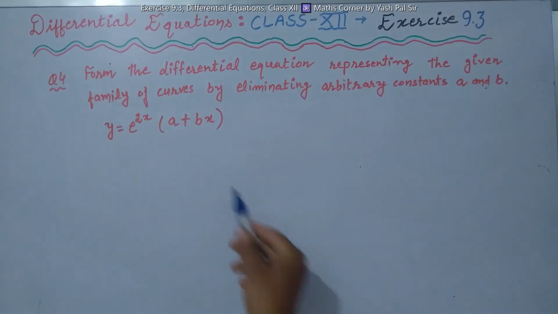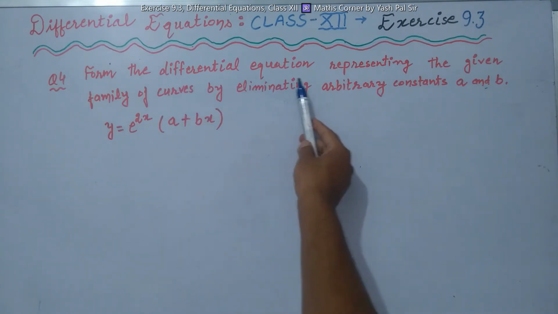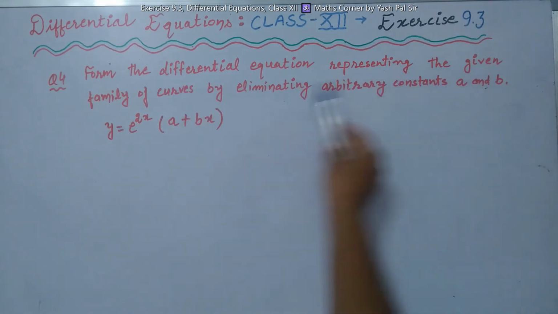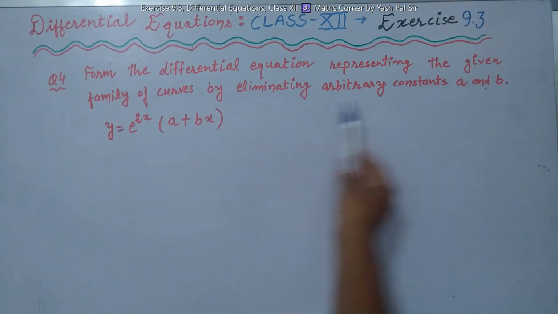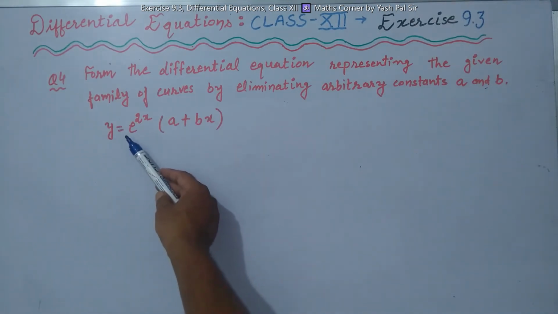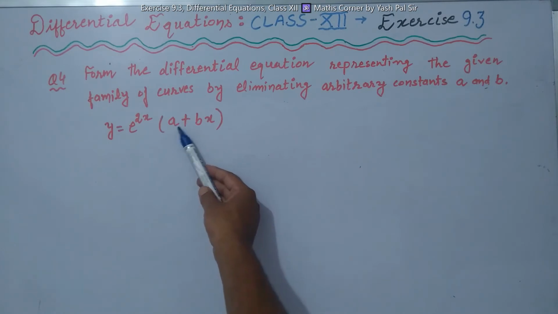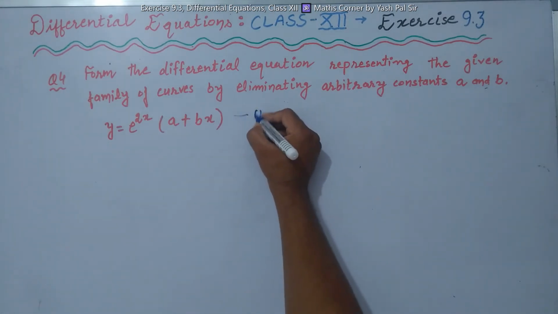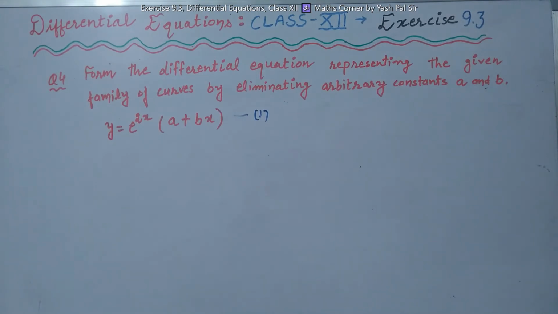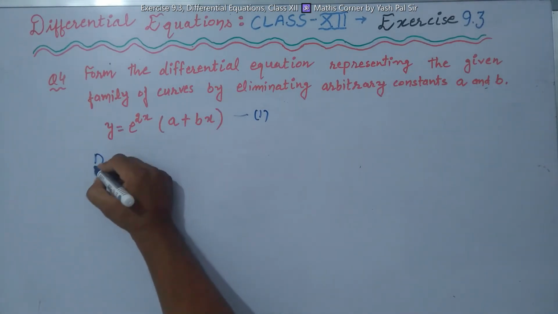Question number 4. Form the differential equation representing the given family of curves by eliminating arbitrary constants a and b, where y is equal to e power 2x into a plus bx. So suppose this is equation number 1. First of all, we differentiate both sides with respect to x.